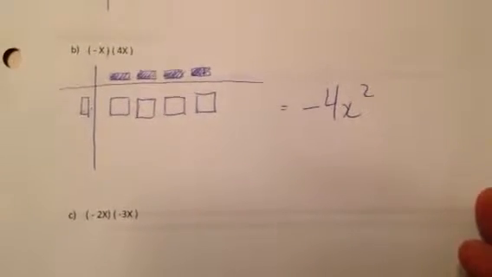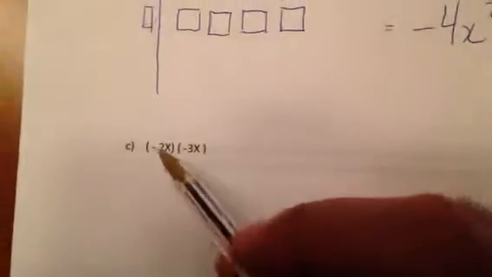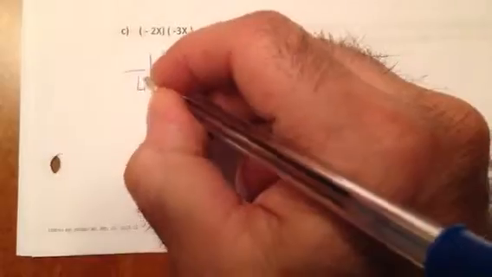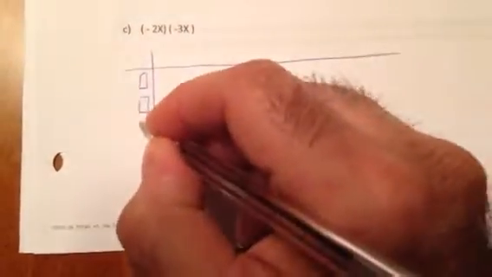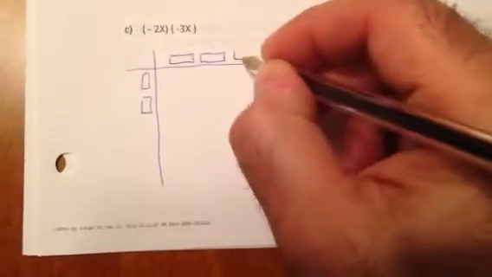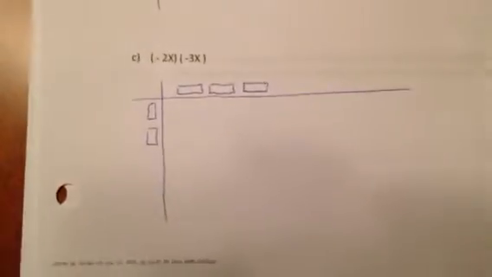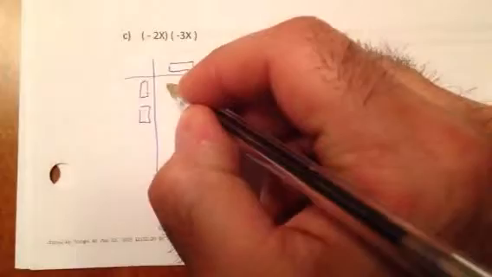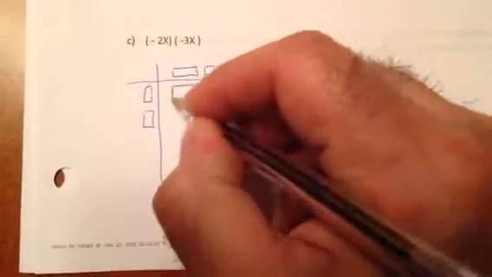All right. And the very last one, we have negative 2x times negative 3x. Once again, we make the TP, and so we have negative 2, and then negative 3. We have to fill the space with x long by x wide.